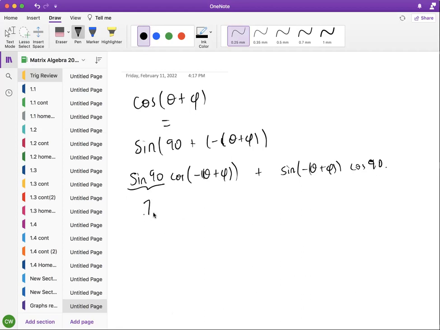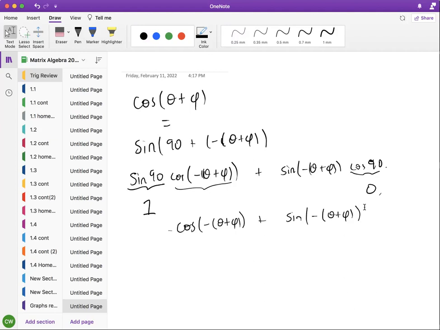Sine of 90 is 1, and cosine of 90 is 0. So what we're left over with is cosine of negative theta plus phi, and then plus sine of negative theta plus phi.